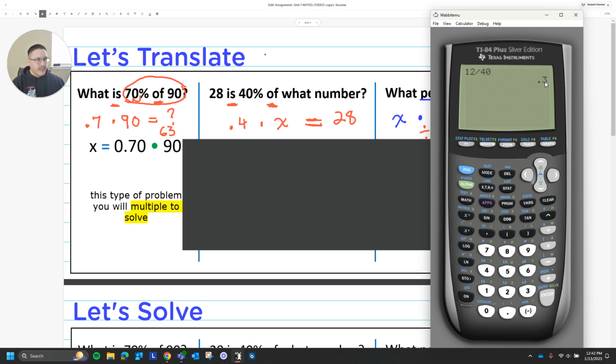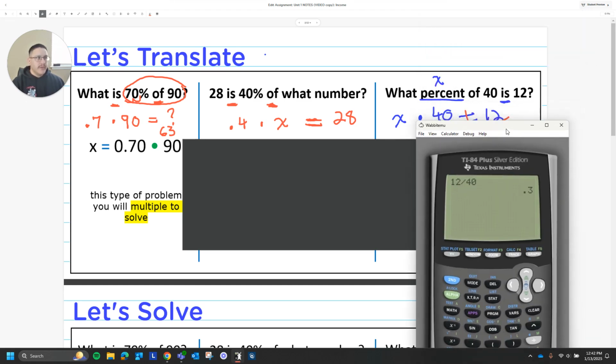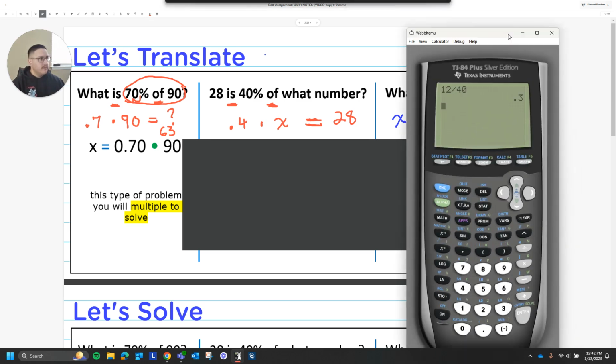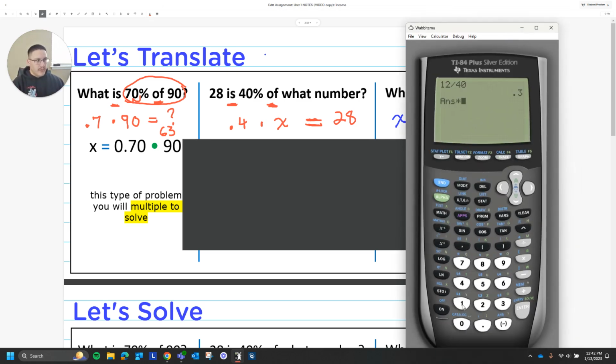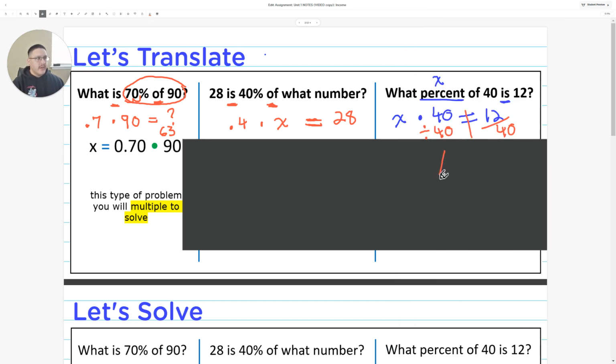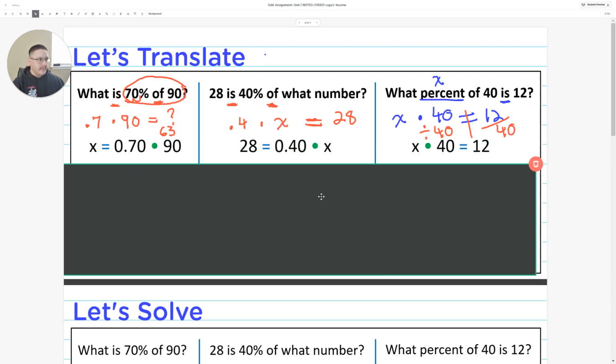Now, this is our decimal form. It asks for percent, so there's an extra step. To go from decimal to percent, we either have to move the decimal point to the right twice or multiply by 100. Either way, you should get 30% as your final answer.